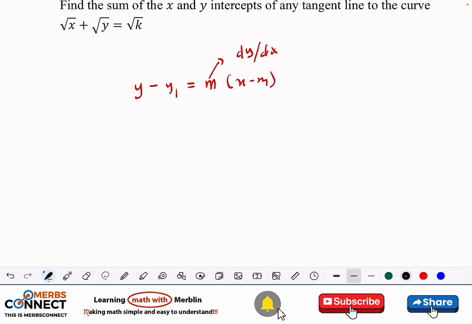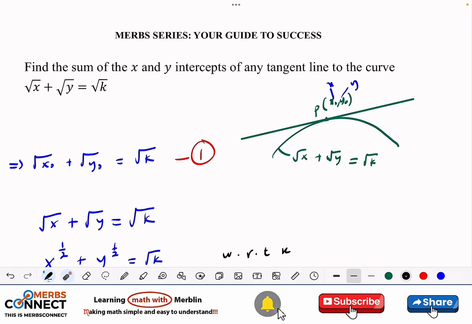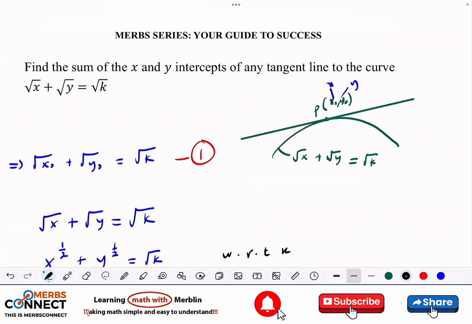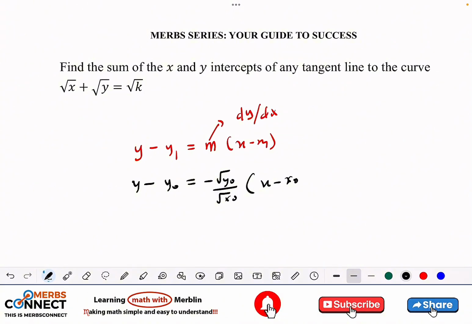So we are going to have y minus, what is y1? y1 is y naught, and x1 is x naught. So y minus y naught is equal to the slope. The slope we had was minus root of y naught divided by root of x naught, times x minus x naught.